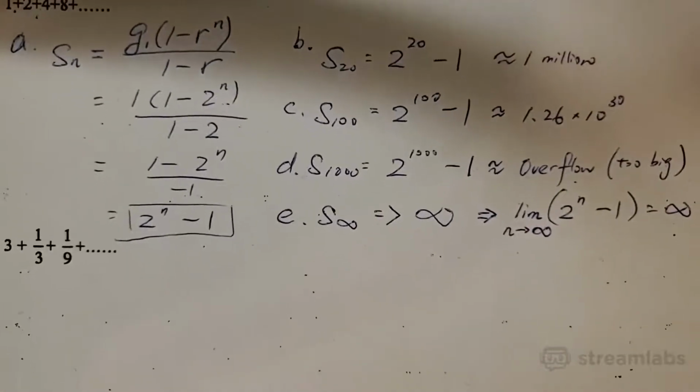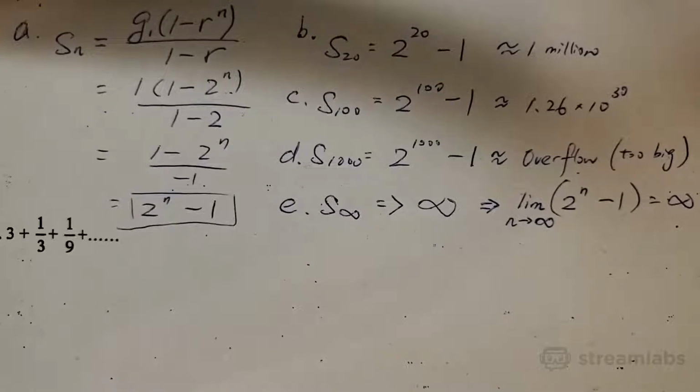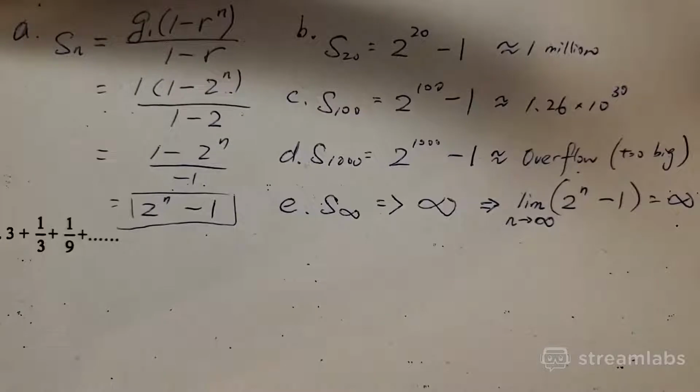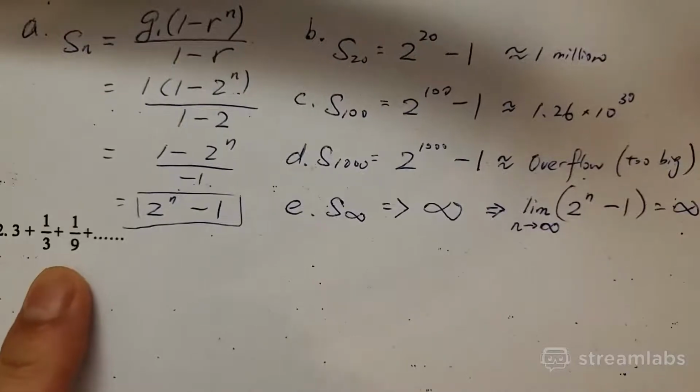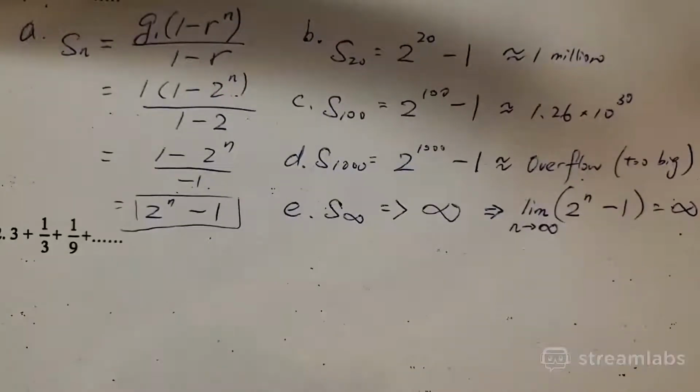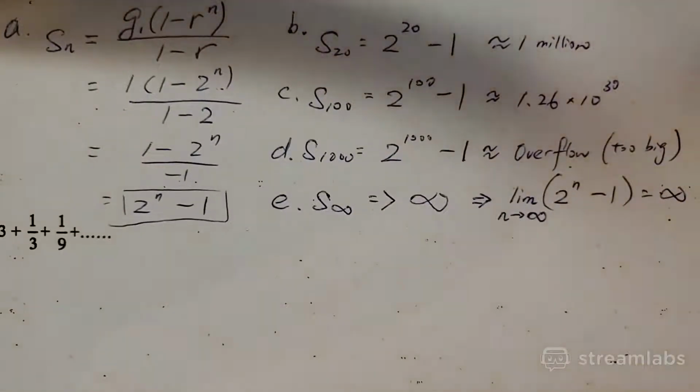Okay, next part. 3 plus 1/3. Does this have a pattern? I feel like this is messed up. What's the pattern? I don't see anything.